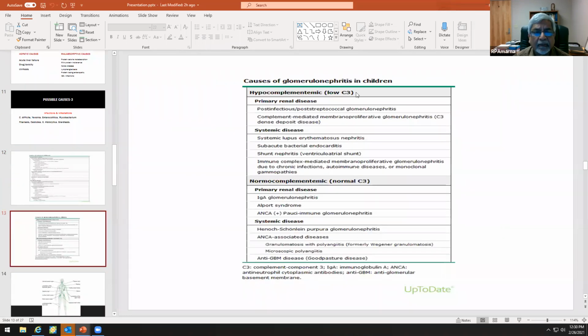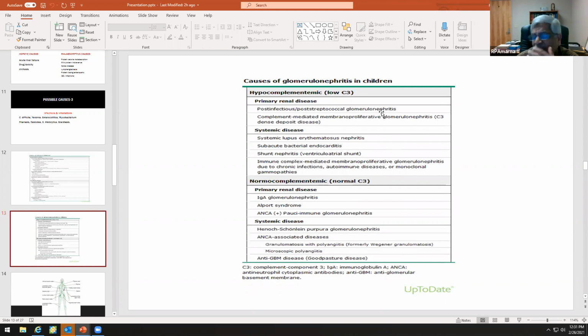Now we're going to quickly go through the causes for glomerulonephritis in children. It can be either with a low complement or a normal complement. The low complement is secondary to primary renal disease, or it can be post-streptococcal glomerulonephritis, or complement-mediated membranoproliferative glomerulonephritis.